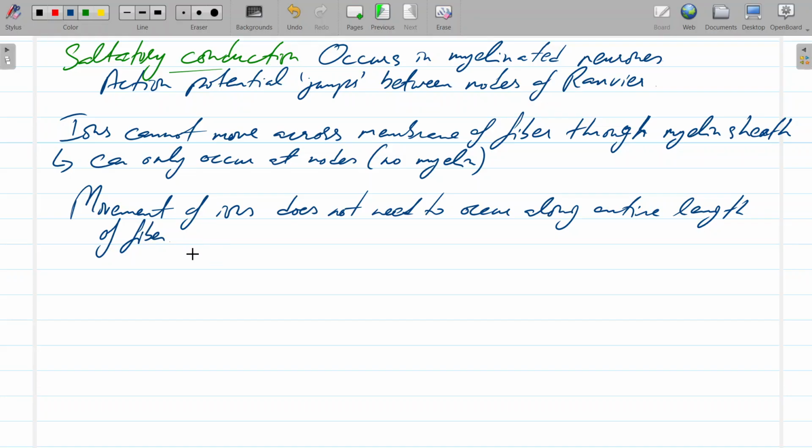It only occurs at the node, so that saves time and resources, and that speeds up the impulse.